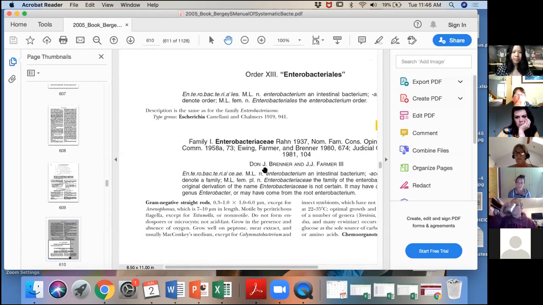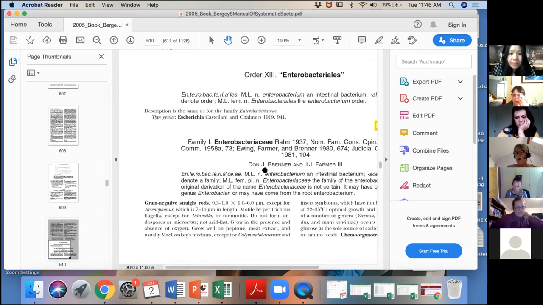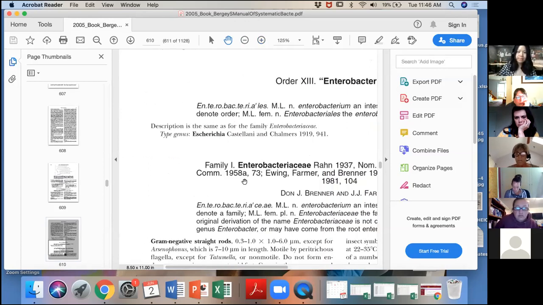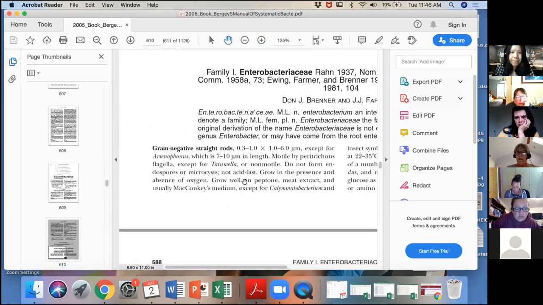This starts with the family. They're all gram-negative rods. Where you have to be careful is motile. See where it says motile by peritrichous? Peritrichous, you learned in chapter 3, means flagella all over the surface. Motile by peritrichous flagella, except for Tatumella, which is non-motile.